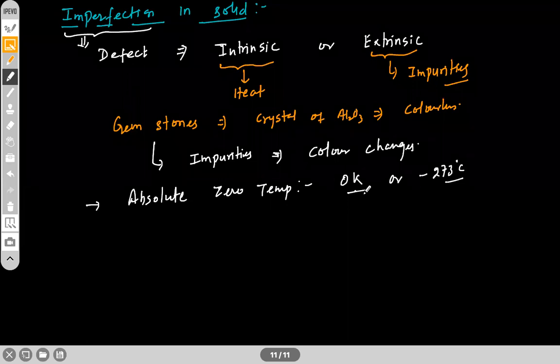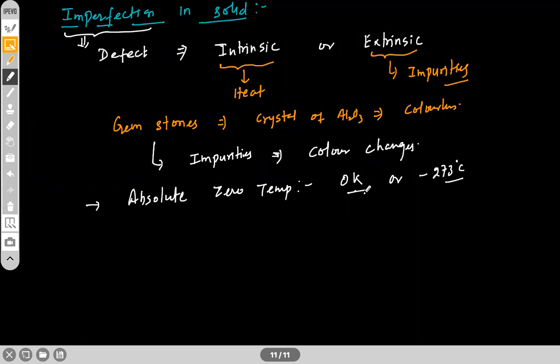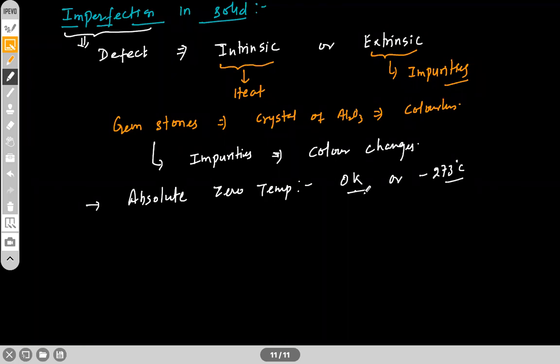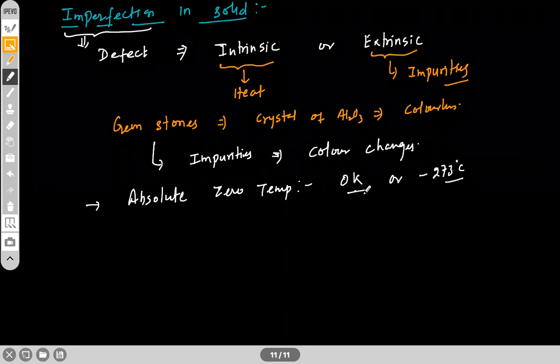Atoms cannot move from one point to another point. And imperfection is caused by the movement of these particles, whether atoms or electrons. When the movement freezes, there is no imperfection. That's why we say at absolute zero temperature or 0 Kelvin, we have the ideal crystal. Otherwise, we always have some imperfection in the crystal.